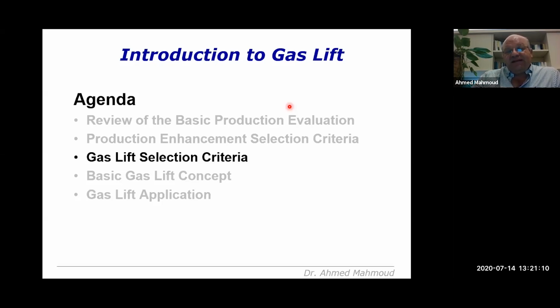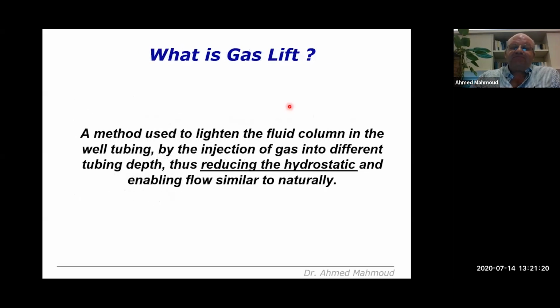Let's go a little bit deeper into how can we select and confirm so that we are confident that gas lift is the solution for us. Now, first of all, let's define gas lift as I mentioned to you all before.